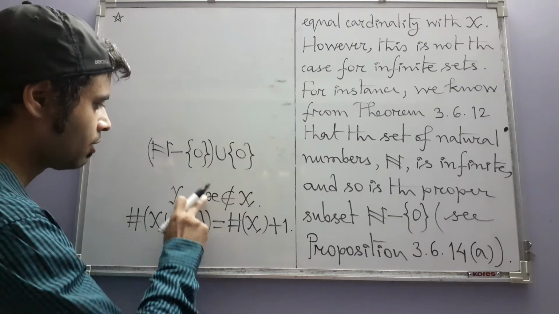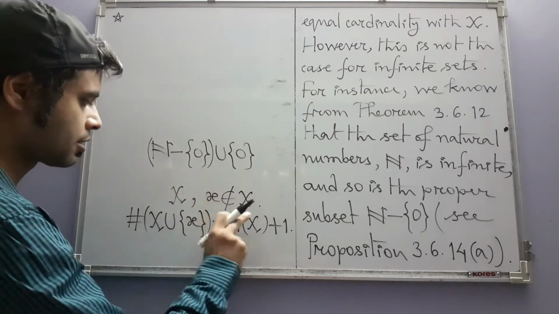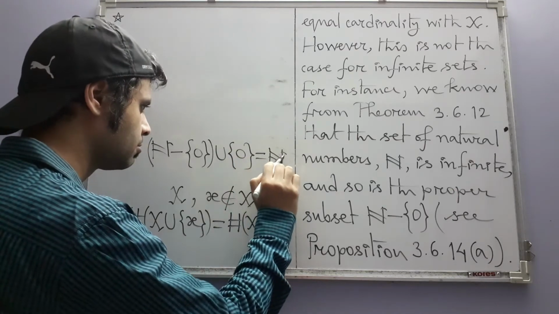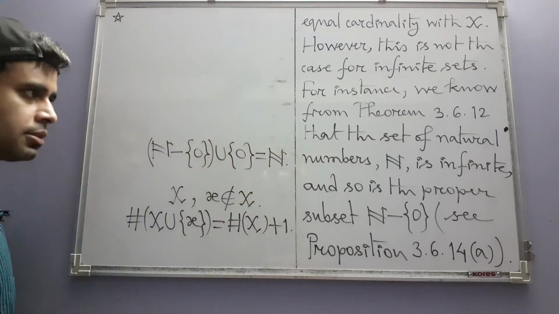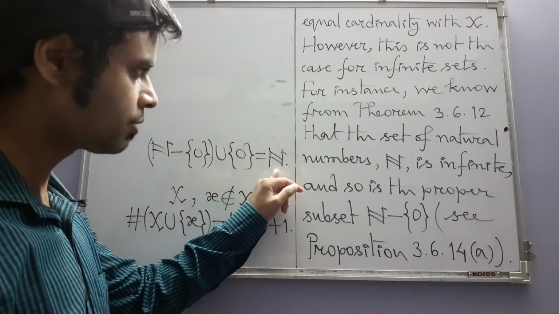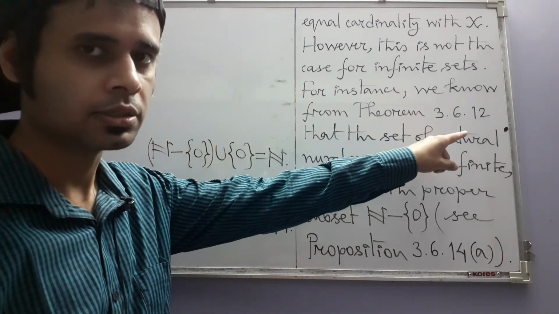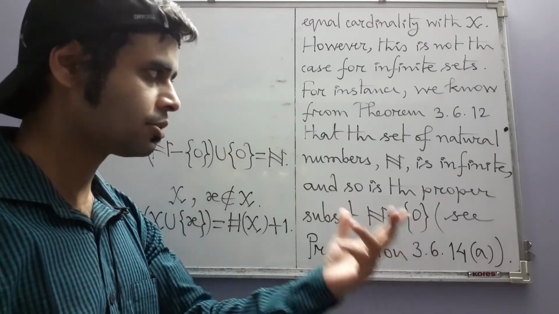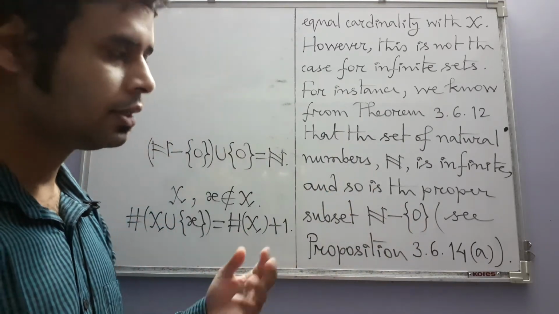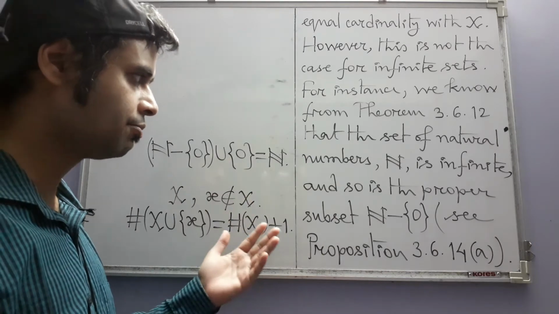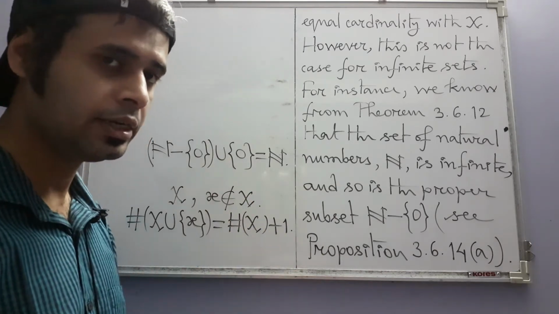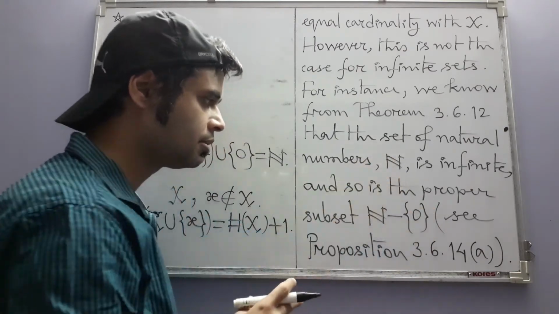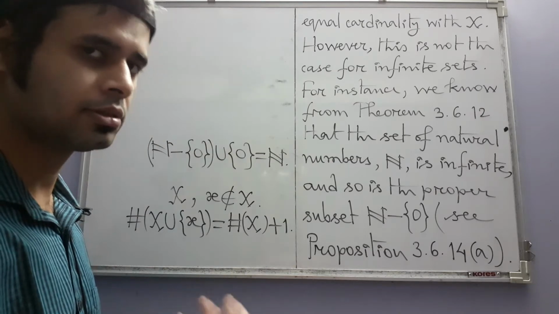Note that 0 is an object which does not belong to this set, just like in this general result. But this union is nothing but the set of natural numbers, so N should be finite, which would contradict theorem 3612. That's why this cannot be finite. This must also be infinite, just like N. In other words, what we feel should be true is indeed true. If you remove one element from an infinite set, whatever is left is still infinite.